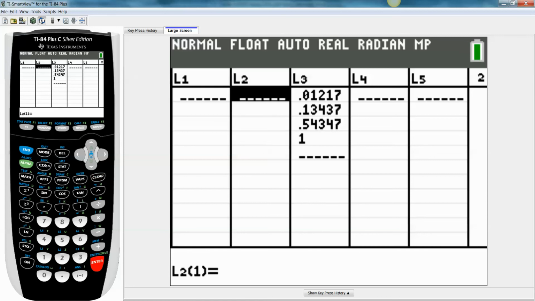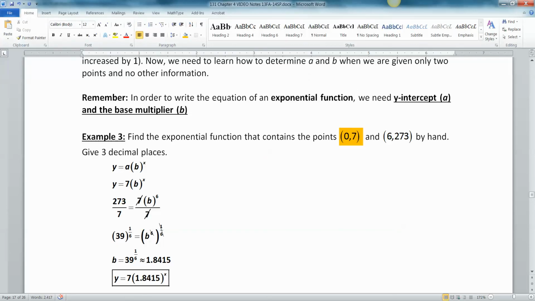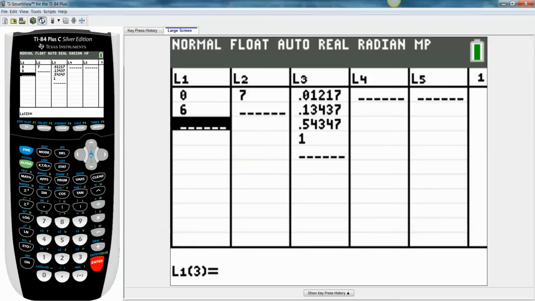I can use the points they gave me, which is 0 went with 7, and then 6 went with, what was it, 273? 273. Go over here to the right, 273. So there are your 2 x's and your 2 y's.